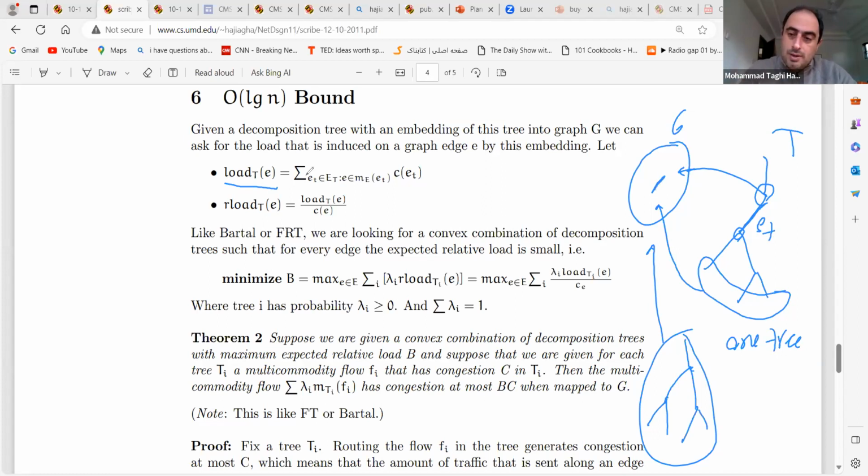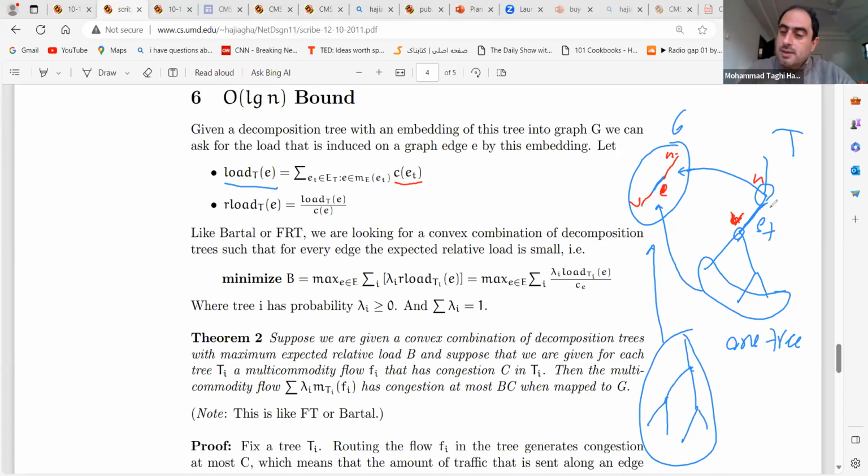You will go over all e_T such that the path for e_T, say this is U V, here there is U, this is V, goes through this edge e here. Then you need to sum up the c of e_T.